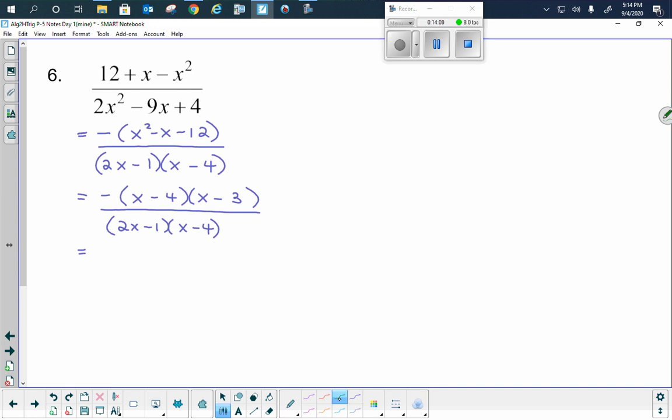Remember, we cancel full factors. So I see the x minus 4s are going to go away, leaving me with, you can just leave your negative in the top, guys, so there's no debate about it being in the bottom, times the quantity x minus 3 all over 2x minus 1, comma, you automatically have to know to put in a domain. Miss Barber wants the full domain, which means it's from every single step.